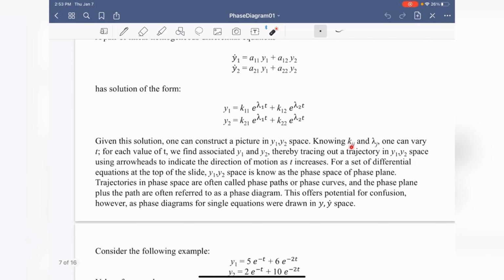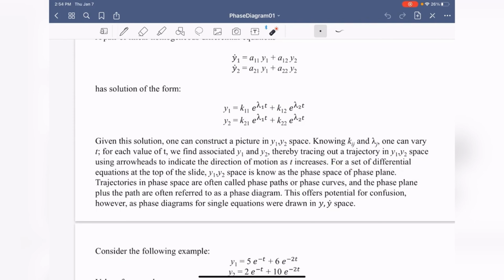Now, knowing kij and the lambda j, one can vary t. For each value of t, we find the associated y1 and y2, thereby tracing out a trajectory in y1, y2 space, using arrowheads to indicate the direction of motion as t increases, as we did in the previous two diagrams.